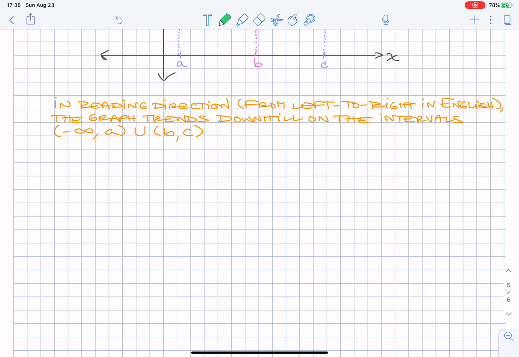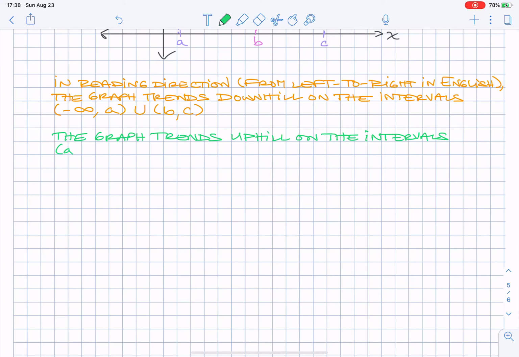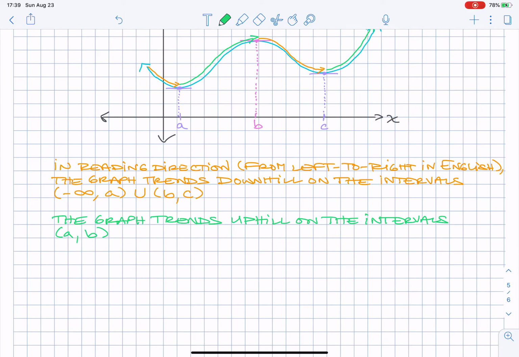So the graph trends uphill on the intervals, rather. What are the intervals? Between A and B, but not at either, and so union, from C all the way to the right, positive infinity.